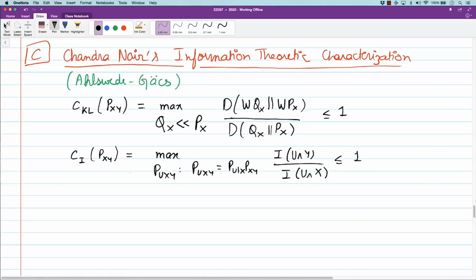And when this coefficient is strictly less than 1, we call it a strong data processing inequality.